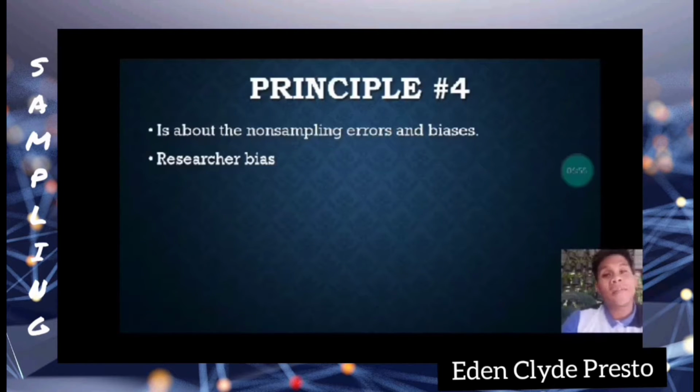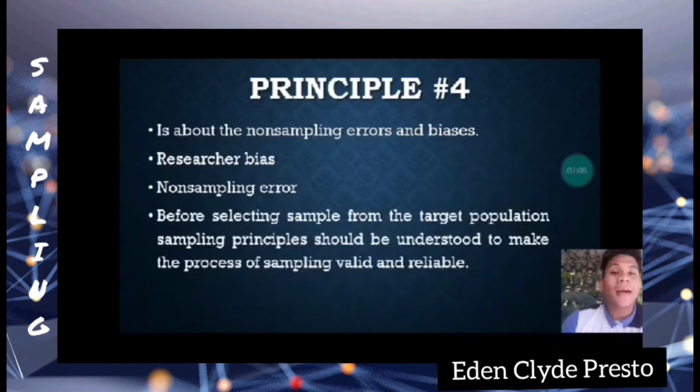Faulty estimates and poor use of techniques can also result in errors, and these errors are also known as non-sampling error. Before selecting a sample from the target population, sampling principles should be understood to make the process of sampling valid and reliable. This was according to readinggrace.com.